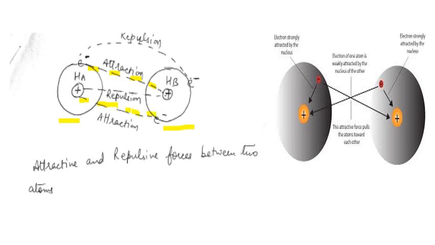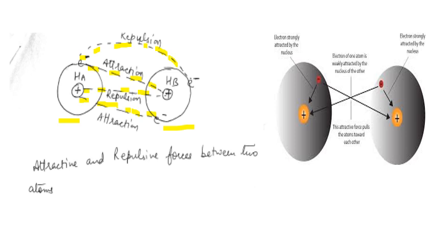There are also repulsive forces which act on it, that is, between the nuclei of the two orbitals: the Ha nucleus to the Hb nucleus causes a repulsive force, as well as the electron of Ha and the electron of Hb cause repulsive forces.